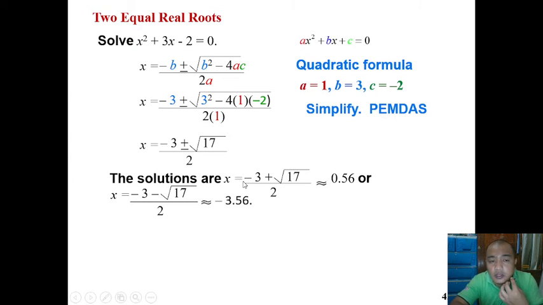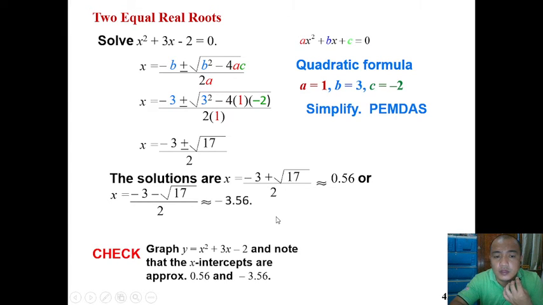So the solutions are negative 3 plus square root of 17 all over 2. Using your calculator, that's equivalent to 0.56. And negative 3 minus square root of 17 all over 2, that's equivalent to negative 3.56. Check: graph y equals x squared plus 3x minus 2, and note that the x-intercepts are approximately 0.56 and negative 3.56.